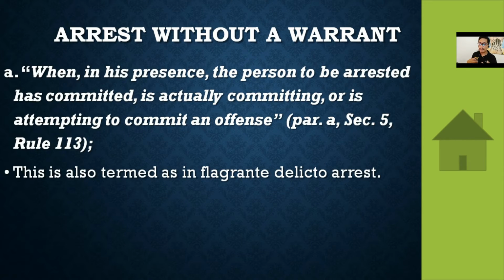For example, a man walks by wearing a jacket with a bulge at his side, and you arrest him because you think it's a gun, since he looks suspicious. That is not allowed. Again, there are two requirements: number one, the person executed the overt act indicating that he is actually committing or attempting to commit a crime; and number two, the overt act should be done in your presence or within your view as the arresting officer.